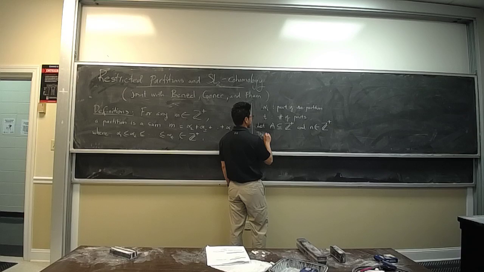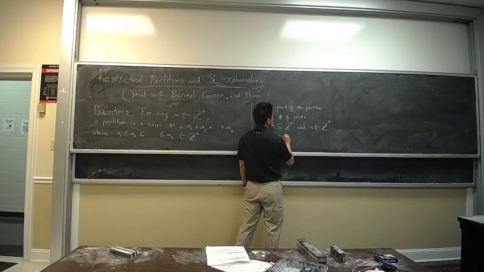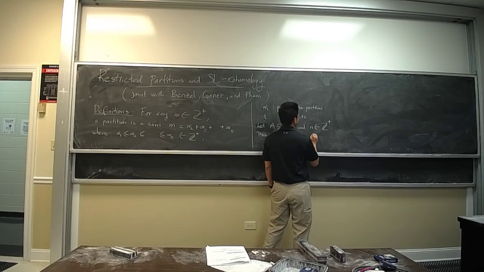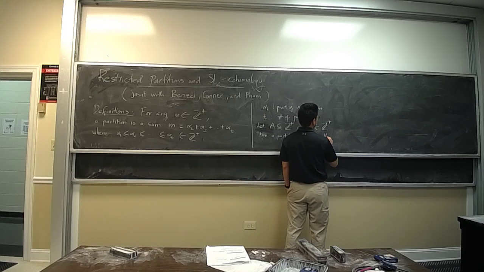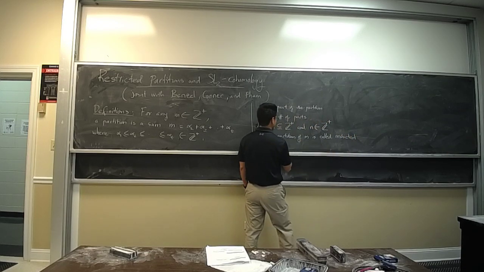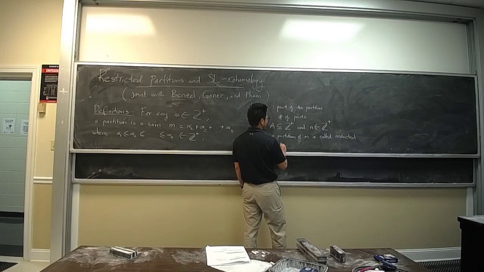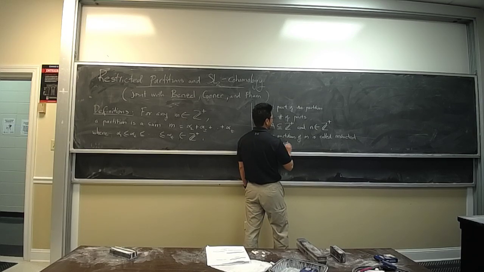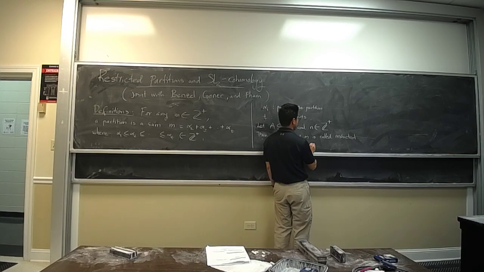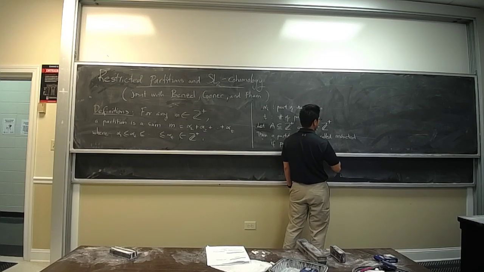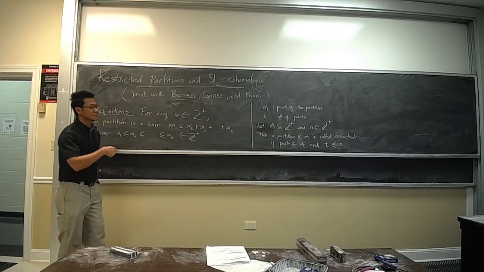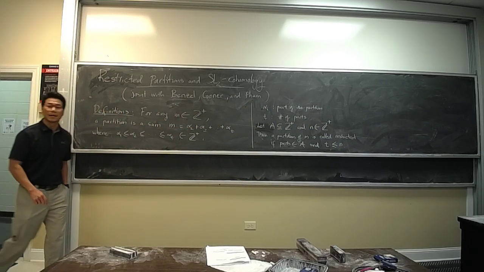Then a partition of m is called restricted if the parts belong to the given set A, and the number of parts t is at most n. We are interested in this special type of partitions.